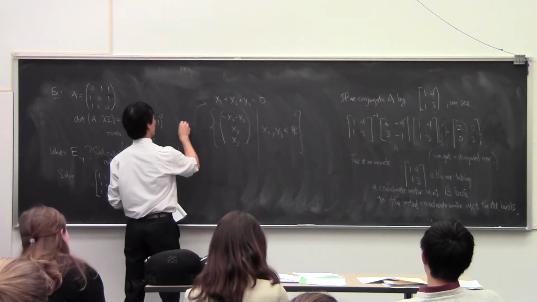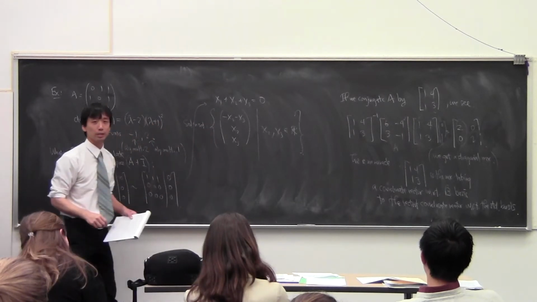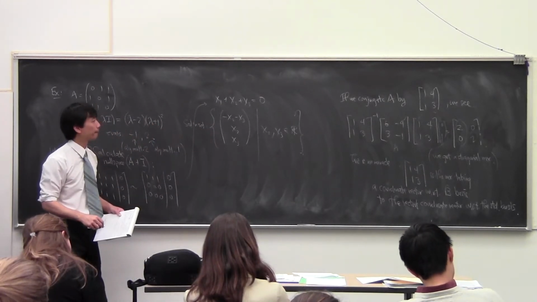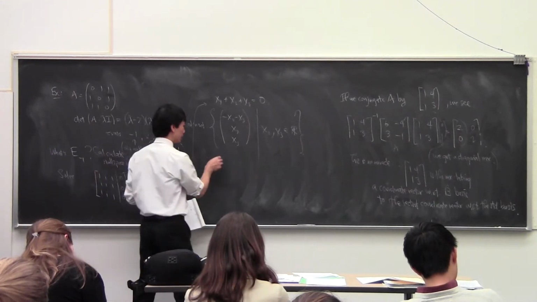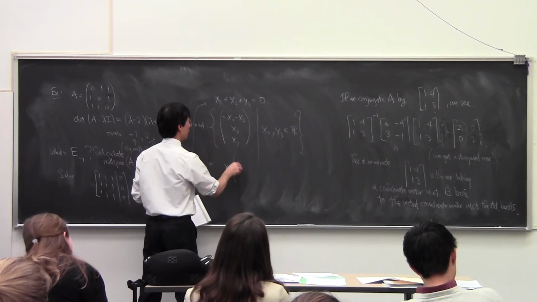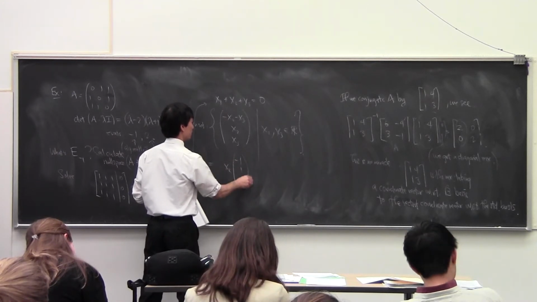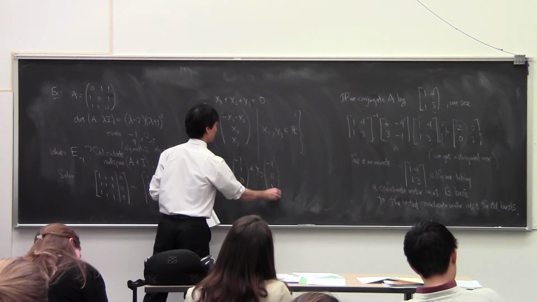So the solution set looks like this, and you rewrite that more cleanly as x2 times (negative 1, 1, 0) plus x3 times (negative 1, 0, 1).